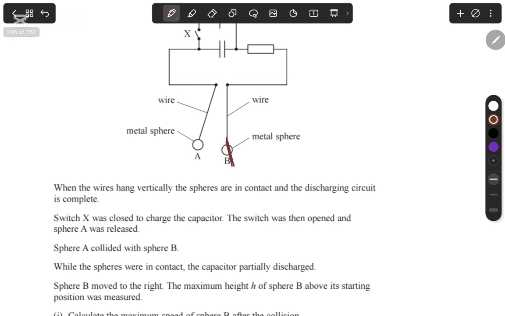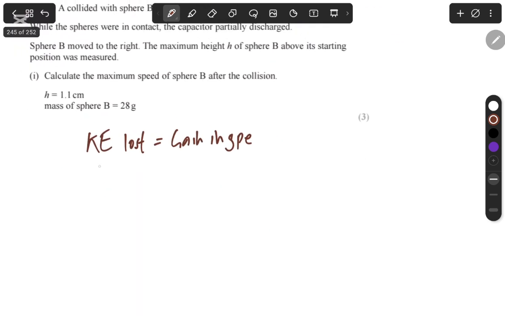It's going to have the maximum kinetic energy here, and then as the sphere goes up, the kinetic energy decreases as the sphere does work against gravity, and the gravitational potential energy increases. At the top, your velocity is going to be 0, kinetic energy is equal to 0, and GPE is at its maximum. Now we can say that half m v max squared is equal to m g h max.